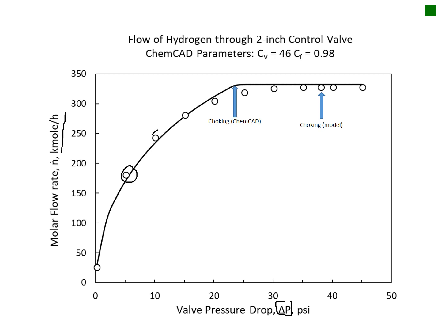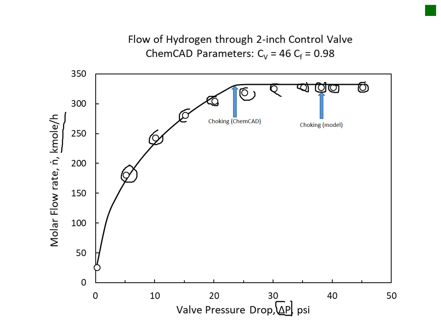And here we find that the molar flow rate increases as a function of delta P until I reach the point where I get choking. And here the valve now has such a large delta P, we reach sonic velocity, and that flow rate doesn't change.